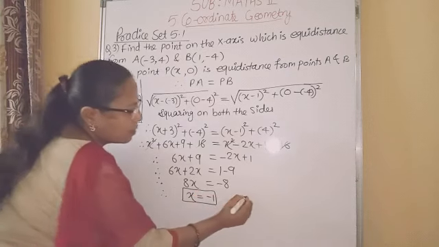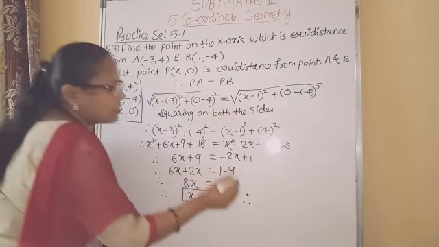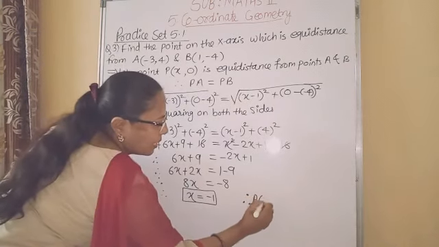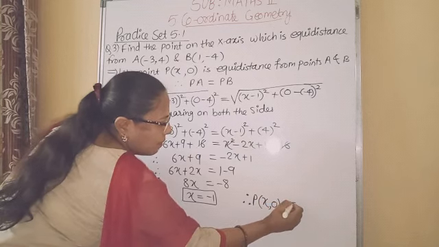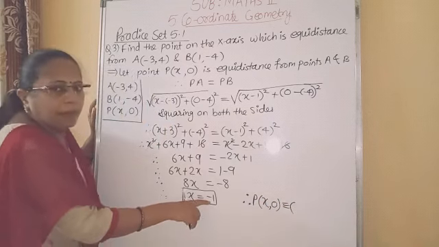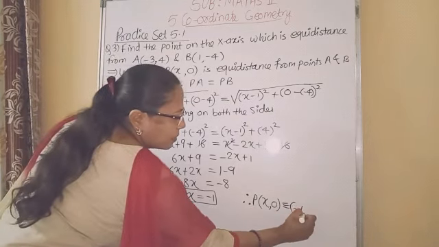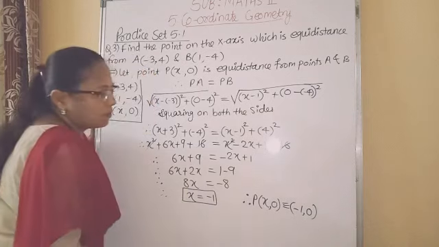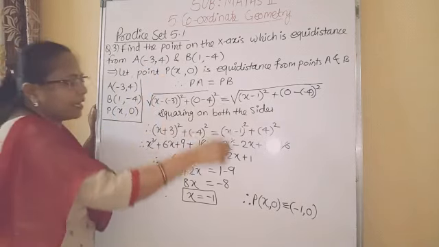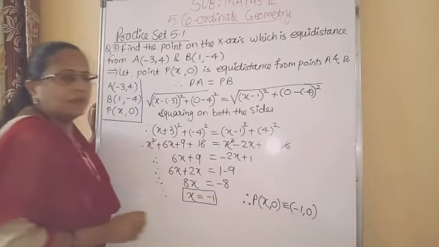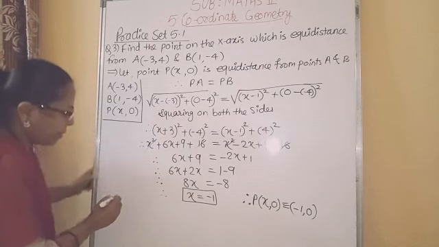Okay, therefore, we assumed the point P is x, 0. Coordinates of point P is x, 0. And the value of x we got minus 1. So coordinates of point P we will get minus 1, 0. So which point is equidistant from point A and B? Minus 1, 0. Okay. Now we will write the answer in statement.